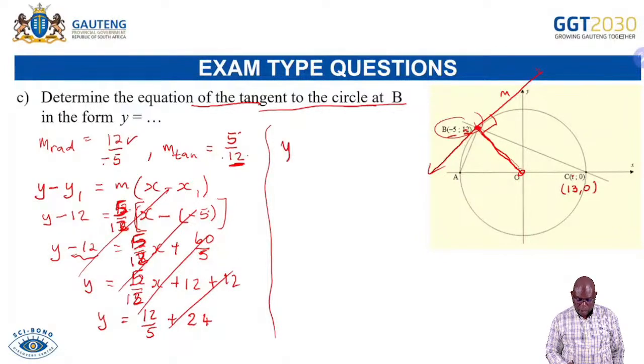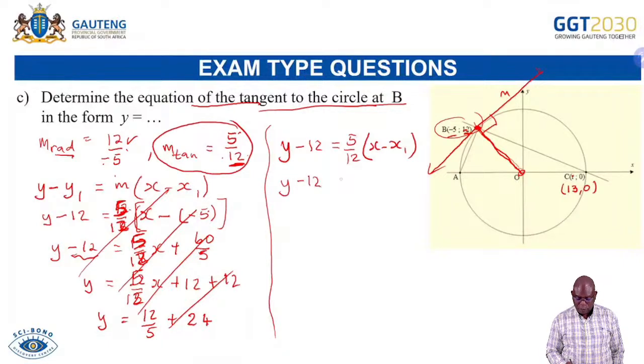So I'll have y minus 12 equals 5 over 12 into x minus x1. See the mistake that I've done there. I've used 12 over 5 instead of the gradient of the tangent. So now y minus 12 equals 5 over 12 times x plus 5, so it equals 5 over 12x plus 25 over 12.